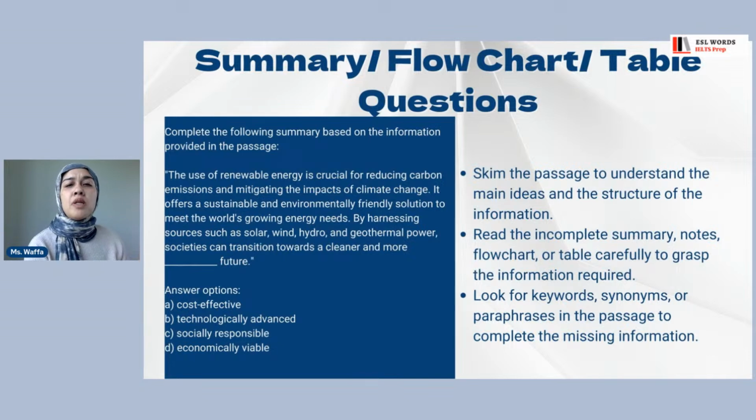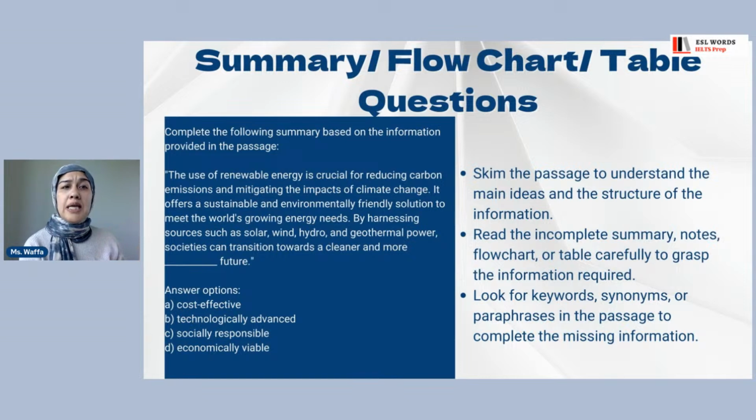For this question type, you will be given a summary, for example the one on the left, and you need to find the best answer from the answer options. You'll be given four answers, and you need to ensure that you choose the best one.